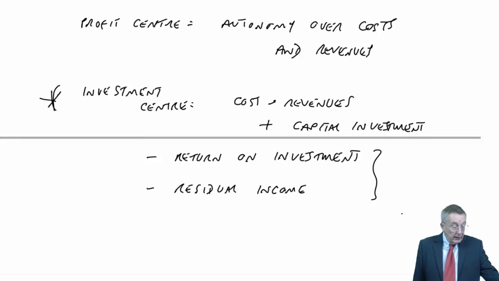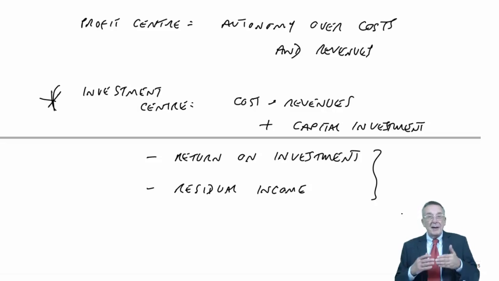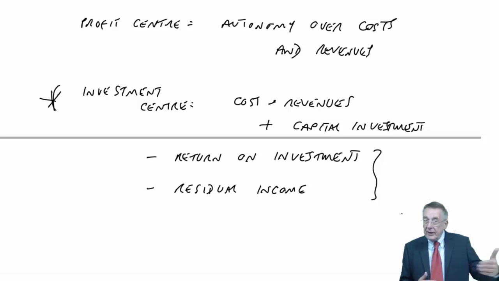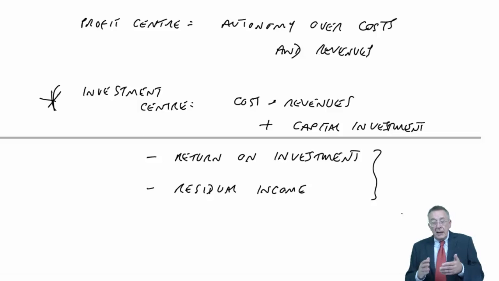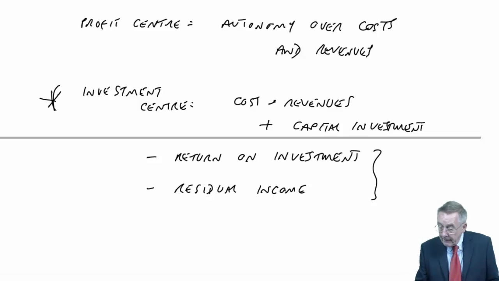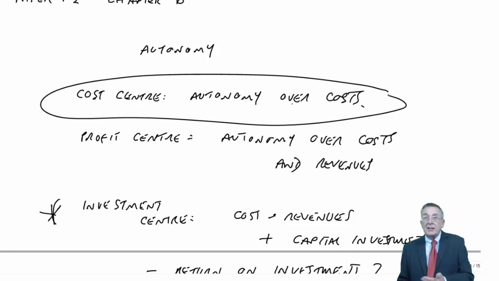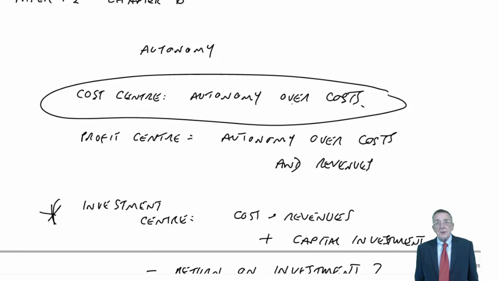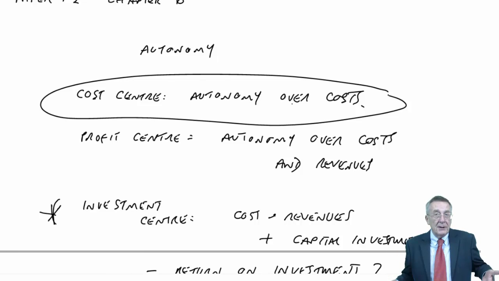I find on paragraph 4, it mentions controllable and uncontrollable costs. If we're actually measuring the performance of a manager, whatever the type of centre, I think sensibly we should only measure them on the factors they control. And so you see, there's often limits on autonomy. Cost centre, I said, has autonomy over costs. Well, in general, yes, but I may not allow autonomy over all costs.